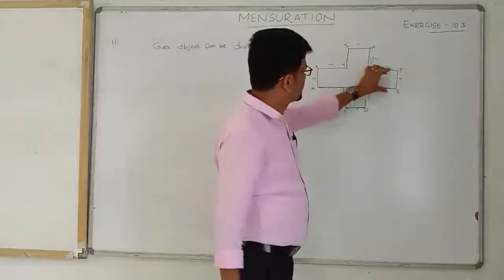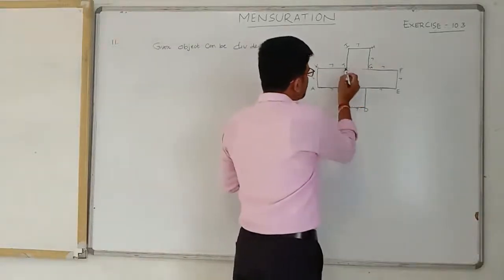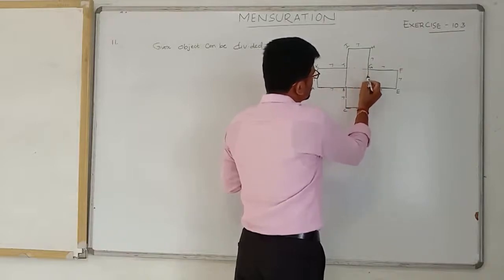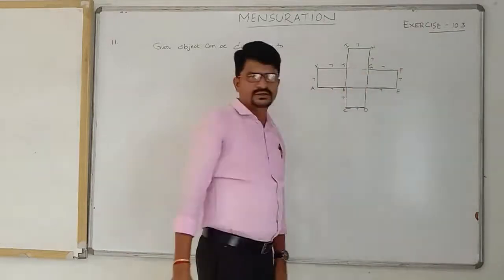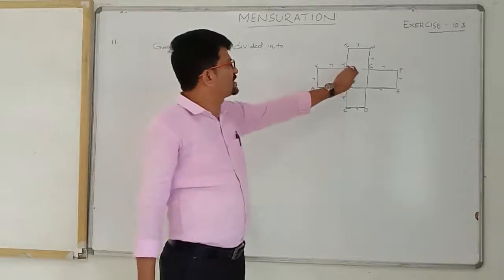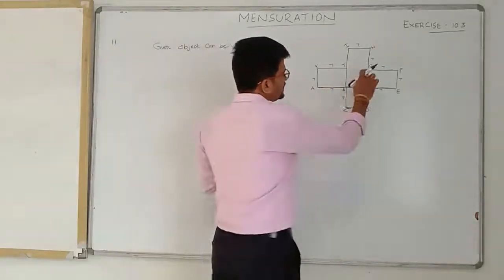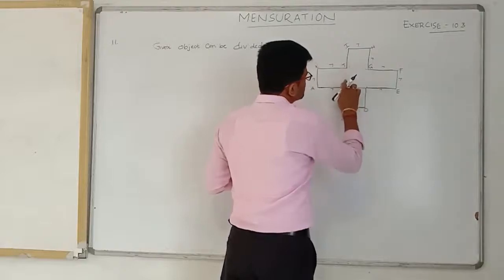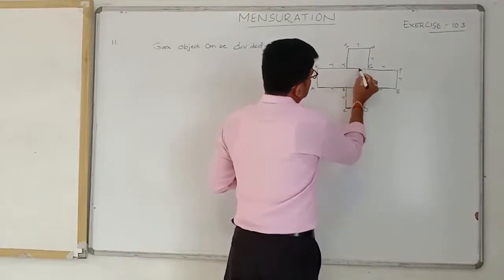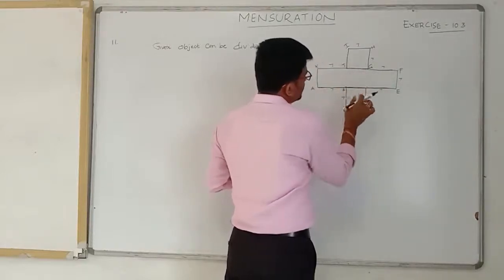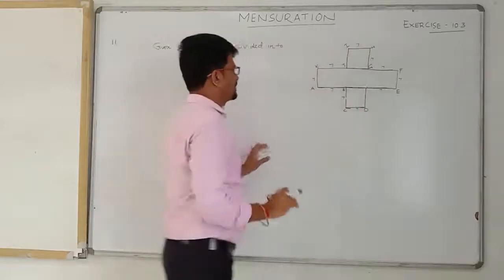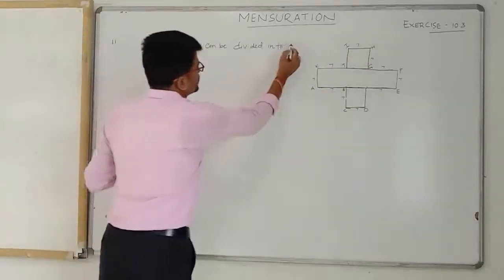This is one rectangle actually. And if you join, this is also one rectangle. But the thing here, it is covered 2 times. Leave that. That is why let us separate this. This is one rectangle. Okay, and find these two separately. It can be divided into three parts.